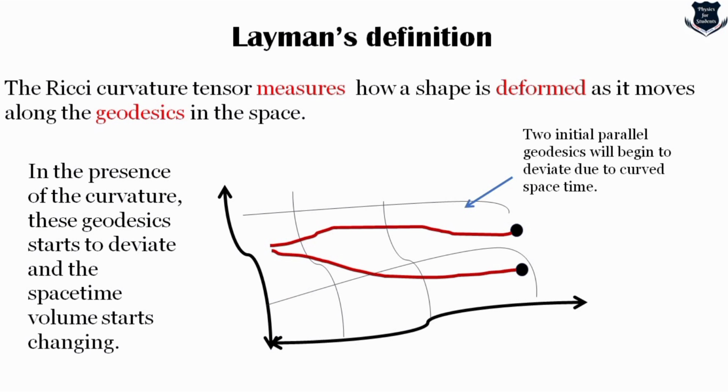It can curl down and meet at some point of time. Physically, this means that the object will get stretched or squeezed in different directions. Here it is getting squeezed, somewhere you will find it is getting stretched. This squeezing and stretching corresponds to the effect of tidal forces, which is simply the result of geodesic deviation.